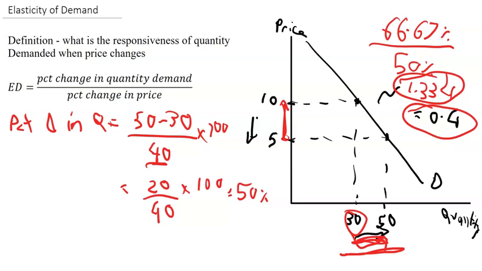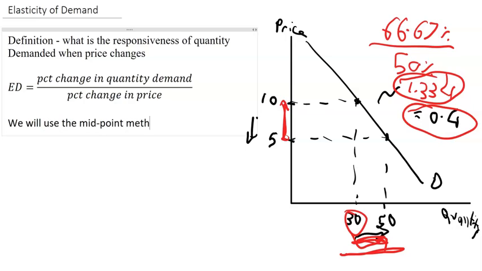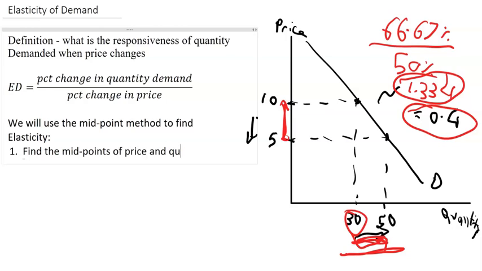So let's write it in a nicer way, go down the steps, and then we can calculate elasticity. Let's say we will use the midpoint method to find elasticity. So what are the steps? The first step is to find the midpoints of price and quantity.